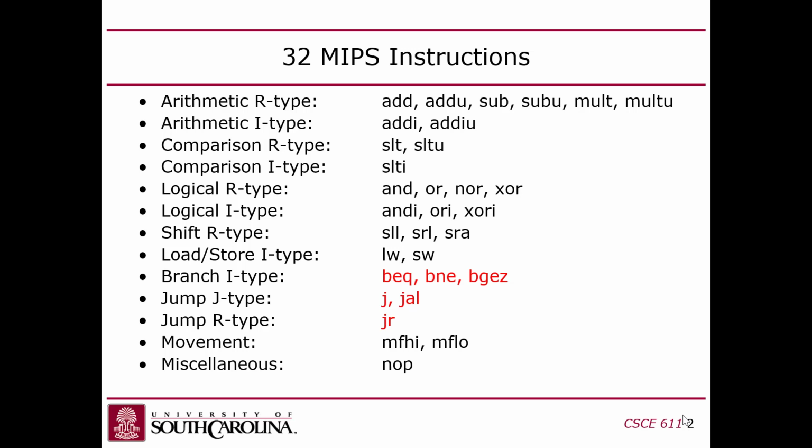But branch if greater than or equal to 0 just takes 1 register, so you're comparing it to 0. I used to take that register, that's in the RS field, stick it in the ALU, and then use the ALU MUX to put in a hard-coded 0. Then I would do a set less than operation on the ALU, and if the result was 0, I knew A was not less than B, meaning that A must be greater than or equal to B, right?